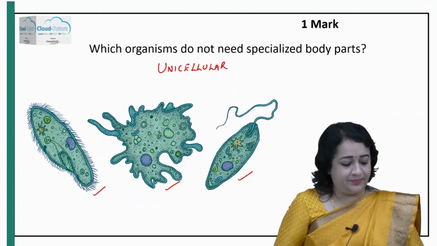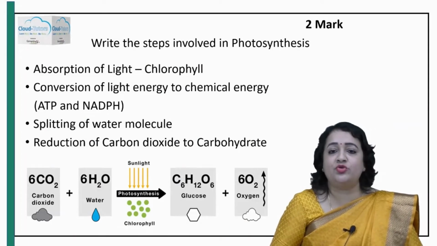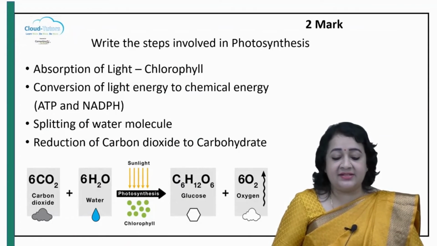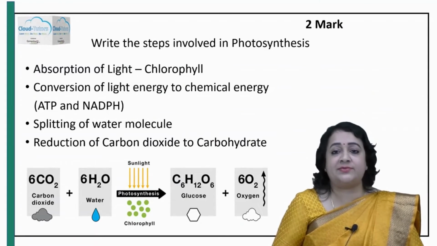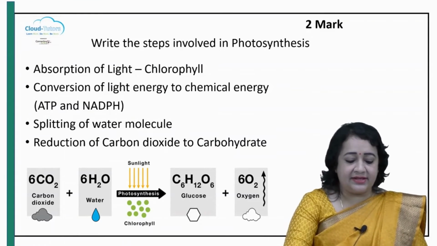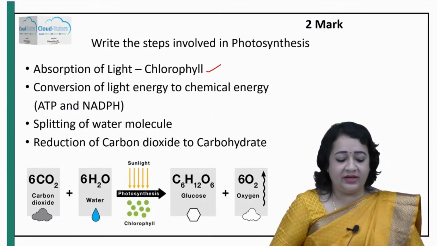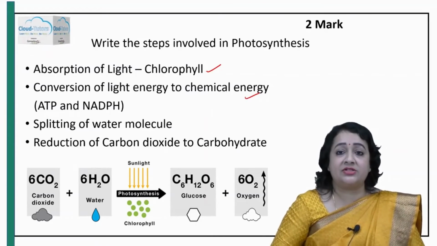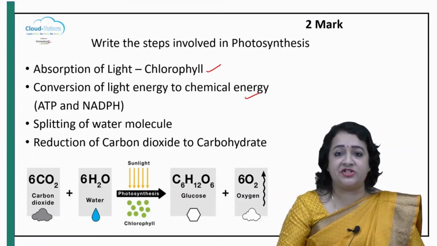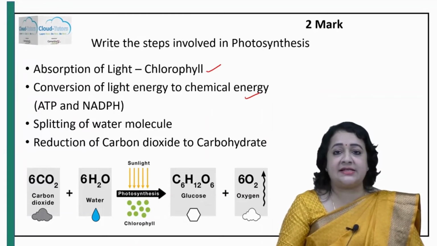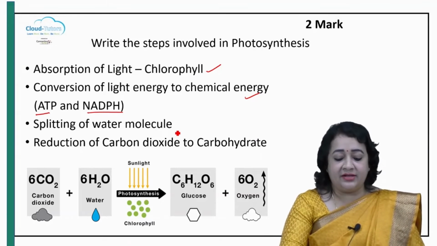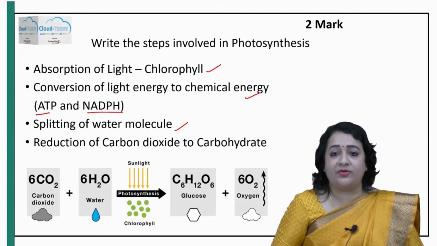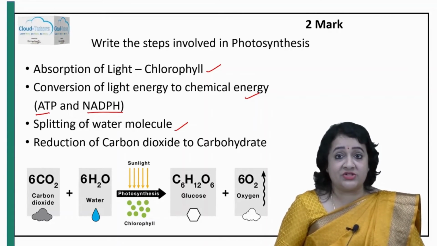Now coming to 2 marks question. Write the steps involved in photosynthesis. Basically there are 4 steps involved in photosynthesis: absorption of light by chlorophyll, conversion of the light energy into chemical energy. When I say chemical energy, it is ATP and NADPH. Then the third step is splitting of the water molecule producing oxygen.